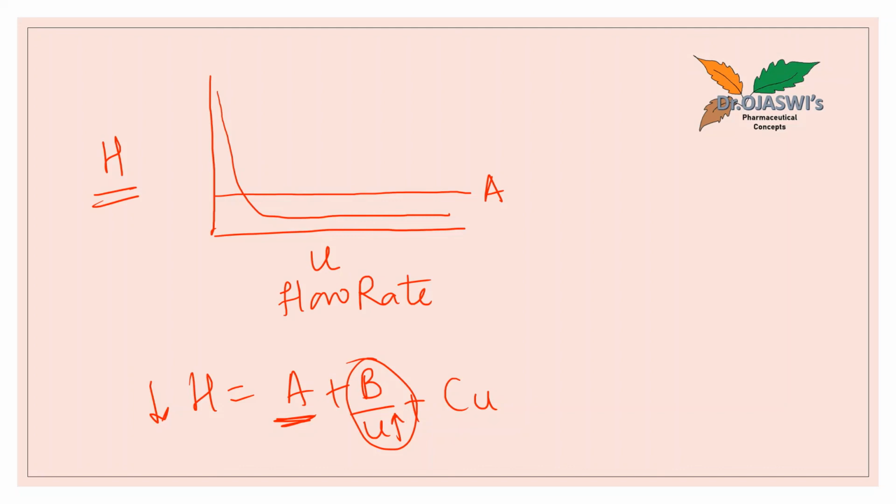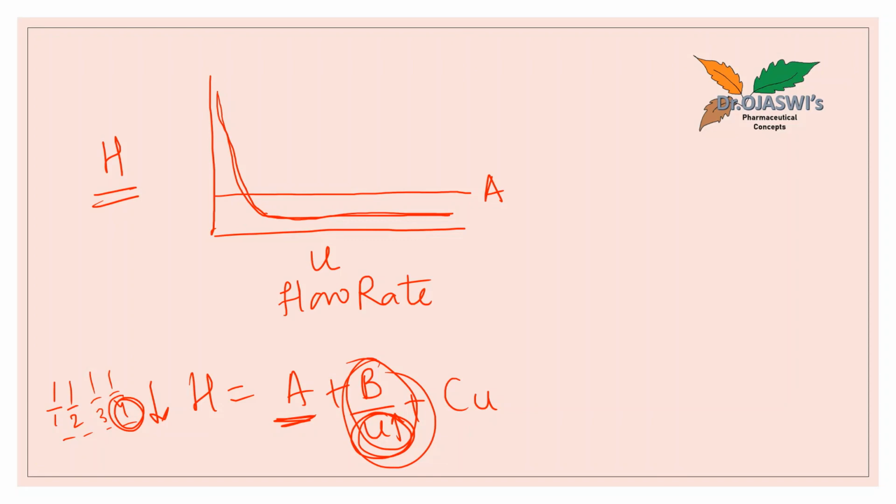Okay, suppose this B is 1, okay, and I am continuously increasing this U. So 1 by 1, 1 by 2, 1 by 3, 1 by 4, you can just go on substituting here, and what you will observe that if I go on increasing this flow rate up to certain value, this overall B by U is reduced, but after some point, there is not much reduction in the overall B by U. Okay, and thus this plateau region has been achieved here.